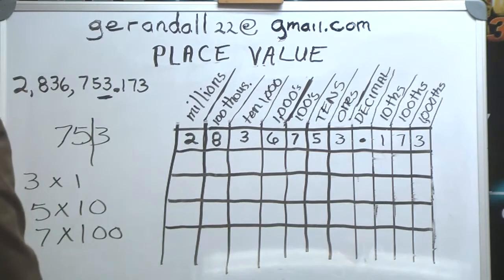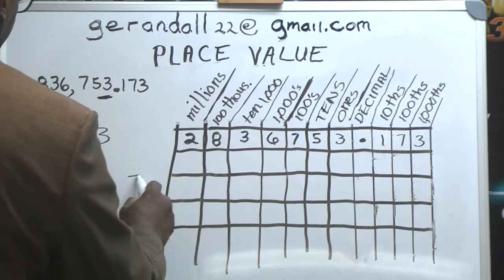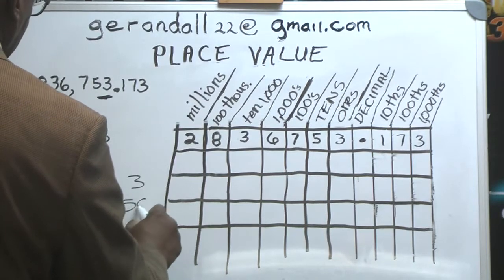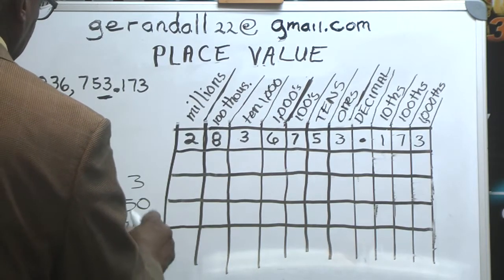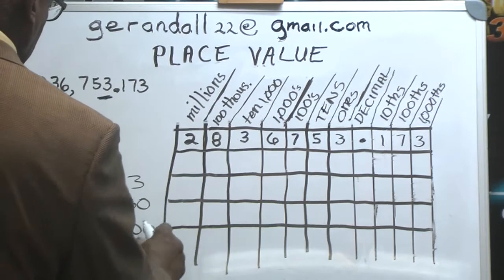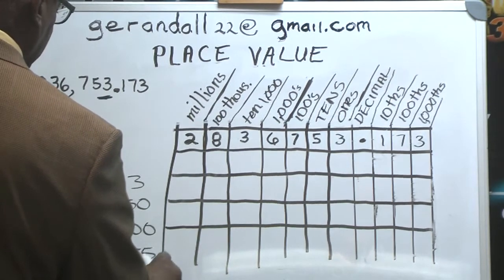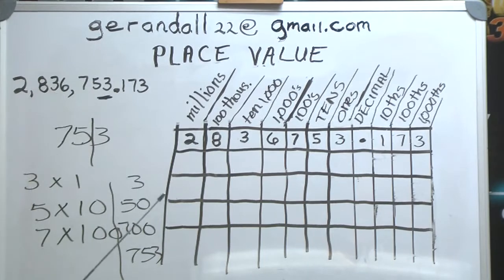And in this particular case, that would be 3, 50, and 700. And that would get you 753.